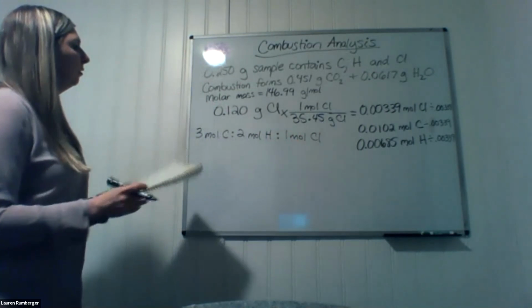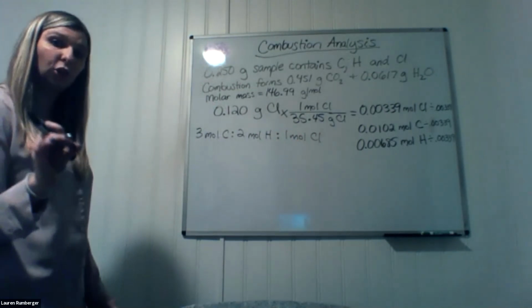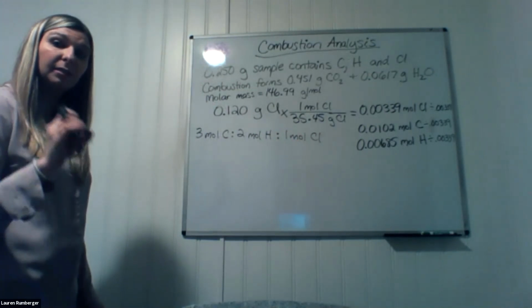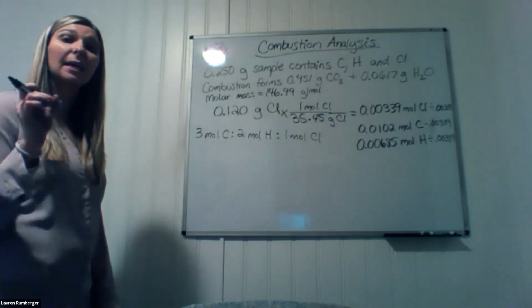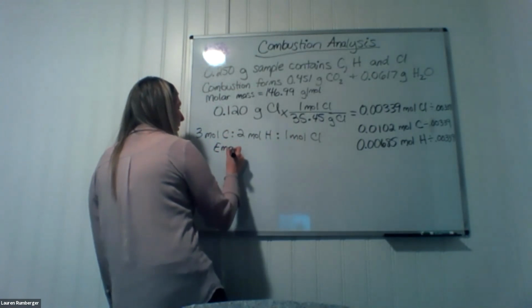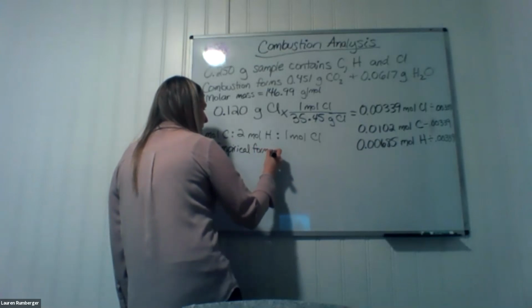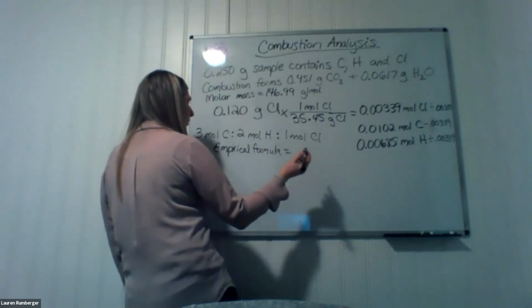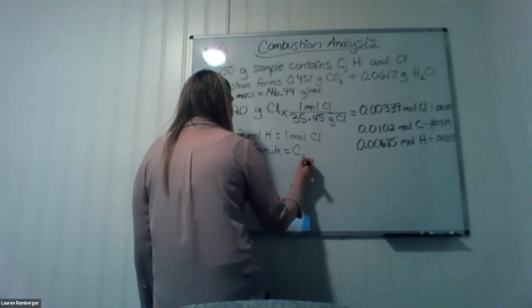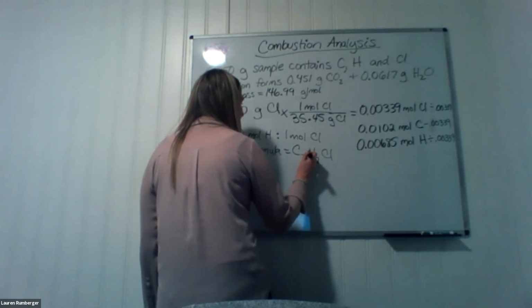So now this is going to give you your whole number ratio for the elements that make up the compound in the empirical formula. So the empirical formula is equal to C3H2Cl.